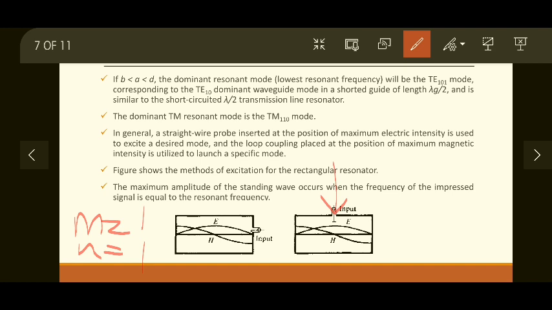Here also m equal to 1, n equal to 1. So these are the different ways with which resonance can be obtained, and maximum amplitude of standing wave occurs for that particular resonant frequency. So this is the working of a rectangular cavity resonator.